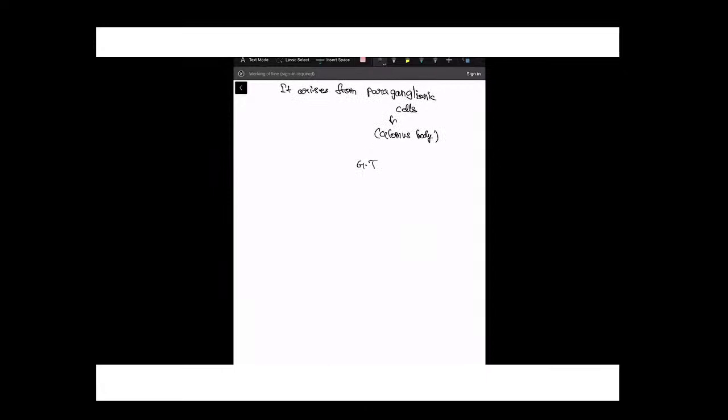Glomus tumor can be divided into two types: glomus tympanicum and glomus jugulare.